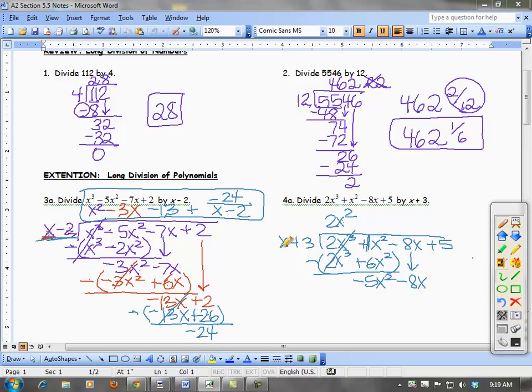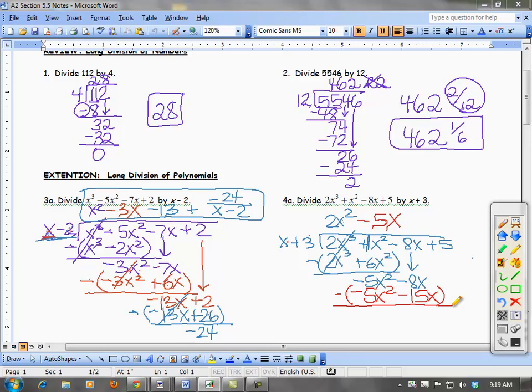X times what is negative 5x squared? Well, I'm missing the negative 5, and I also need one more x in order to get an x squared. So negative 5x times x is negative 5x squared. Negative 5x times 3 is negative 15x, and I'm going to subtract this.